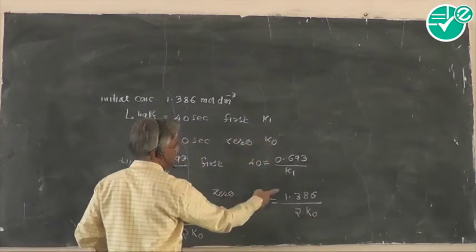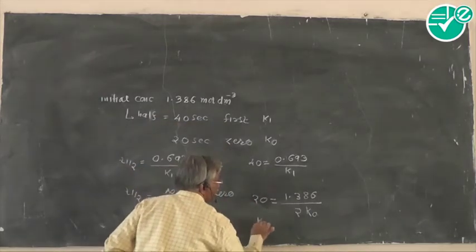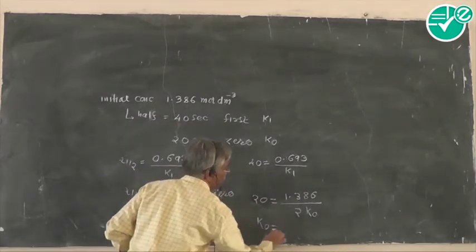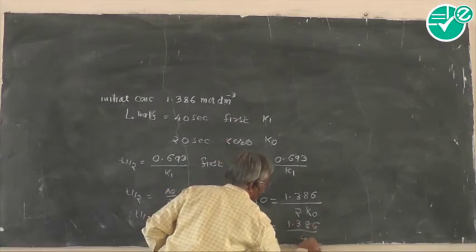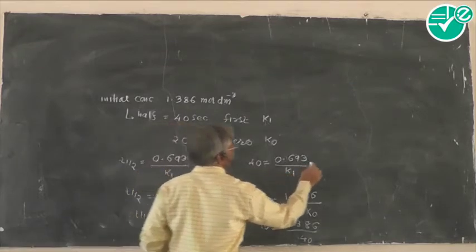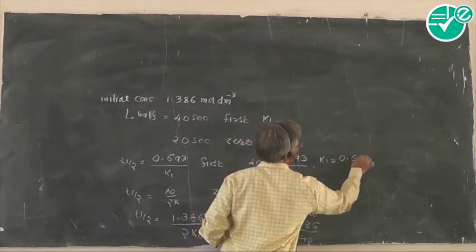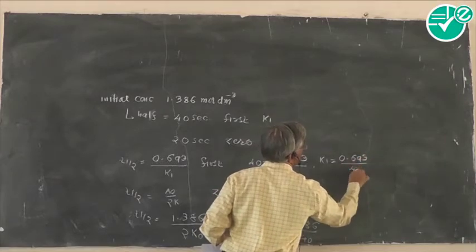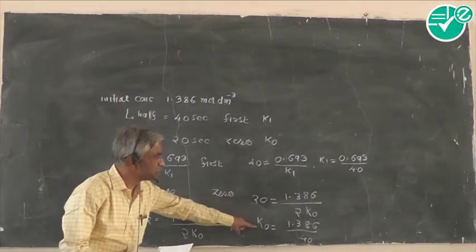Taking K1 here and K0 here, K0 will be equal to 1.386 upon 40, and K1 will be equal to 0.693 divided by 40. They are asking for the ratio of K1 upon K0.